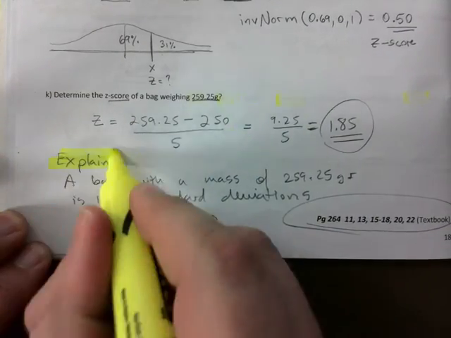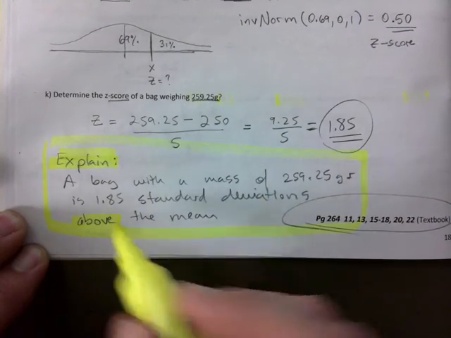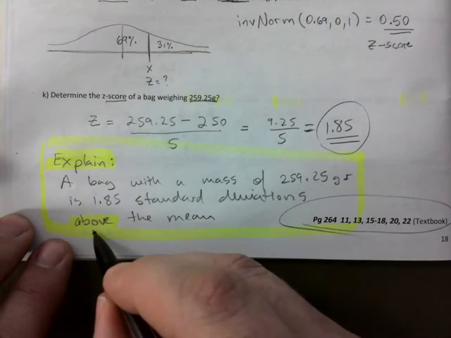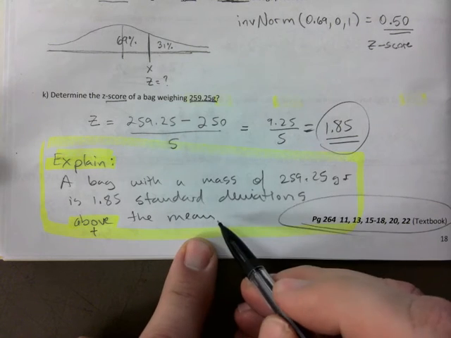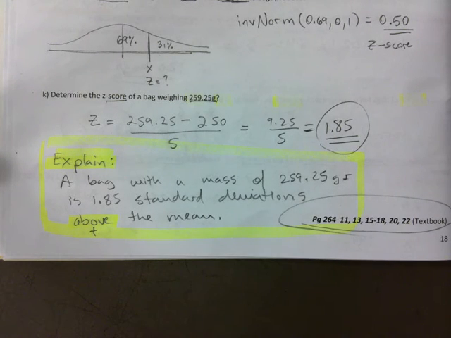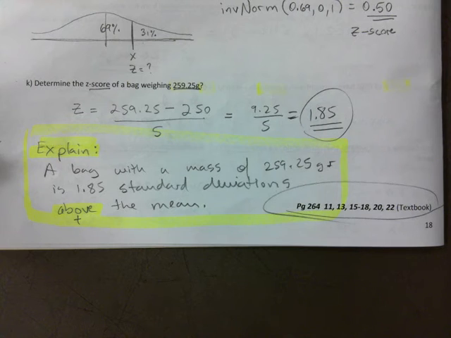Because I will ask you at some point to explain. Why is it above? Because it's positive, right? If your z-score would have been negative, then you would have had to say it's 1.85 standard deviations below the mean.